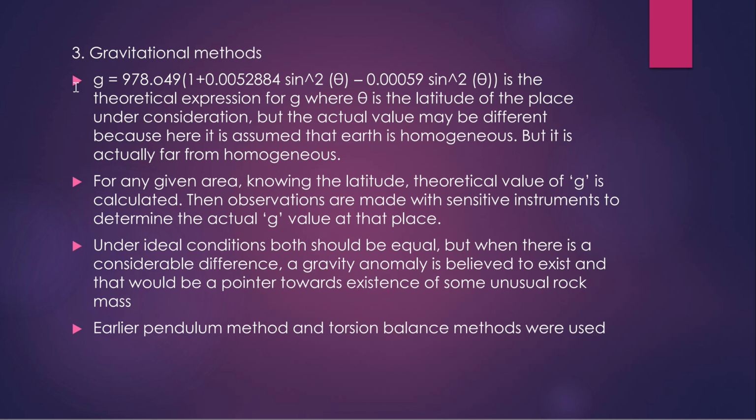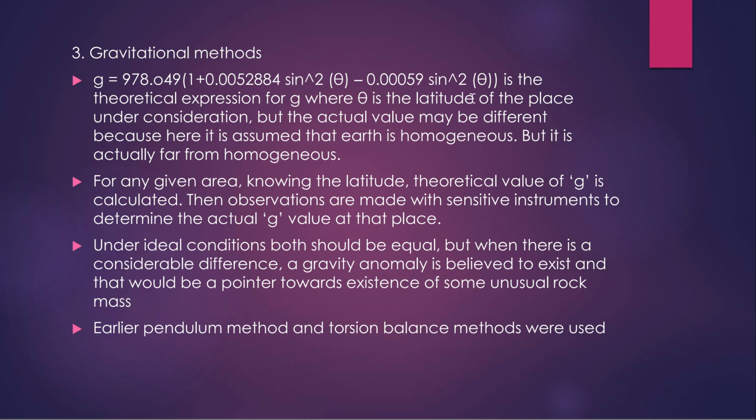But in fact, the earth is not at all homogeneous. It is actually far from homogeneous. So for any given area in the gravitational method, knowing the latitude, that is, the theta value, the theoretical value of G is calculated.